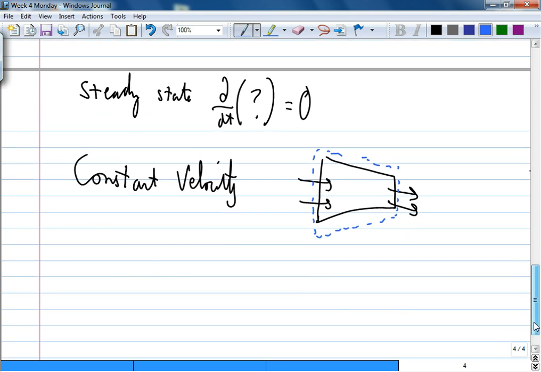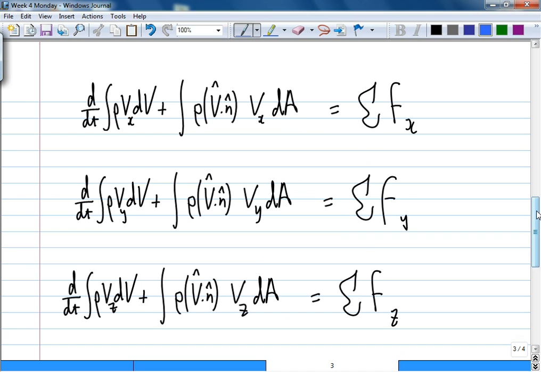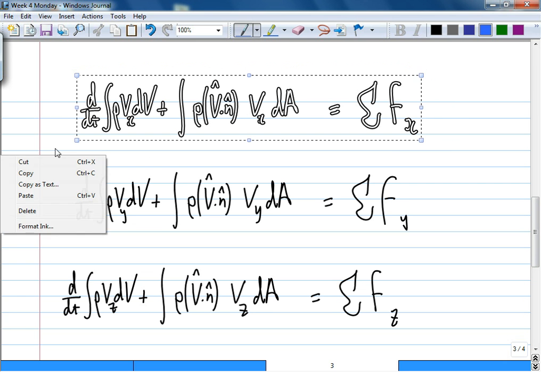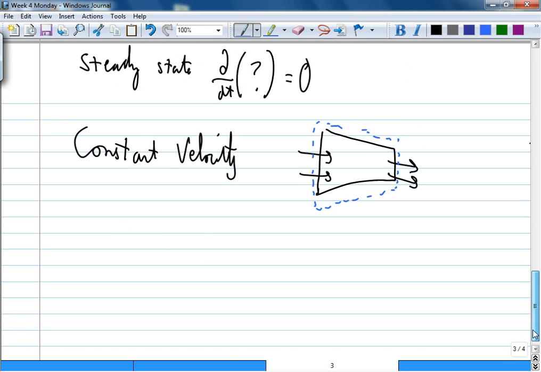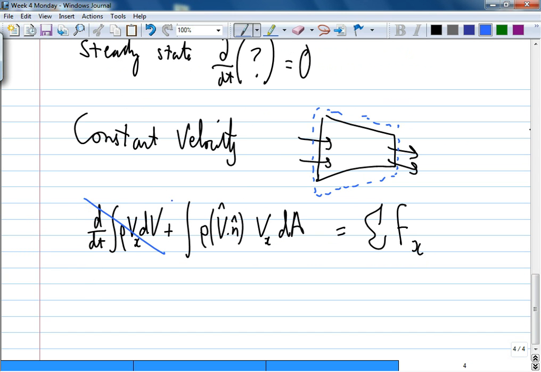So this one is only in the x, so you only need to worry about this one. In this case, this one no need, because steady state. This one, sum of forces in the x. I haven't talked about forces yet.